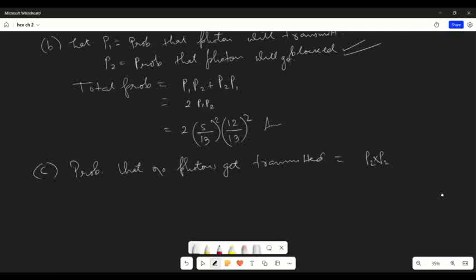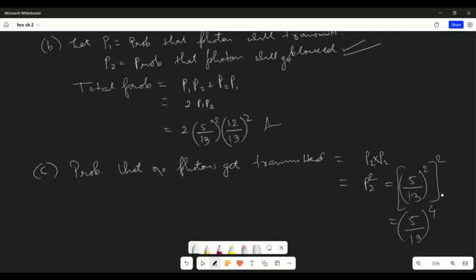So for the first photon, the probability that it will not get transmitted or will be blocked is P2, and for the second photon it is also the same P2. So basically this is P2 square, or 5 by 13 square and its whole square. So it will be 5 by 13 to the power 4.